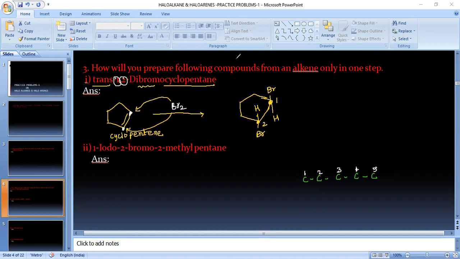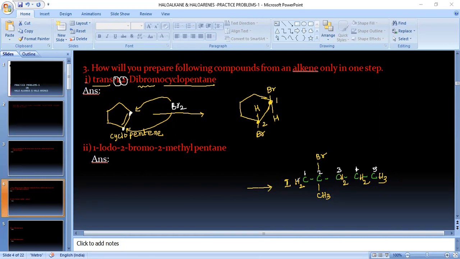Interesting, isn't it? The first carbon should have iodine, that is CH2I. The second carbon should have bromine as well as methyl. That's it, the remaining is common, CH3. So this product we need to get from an alkene.